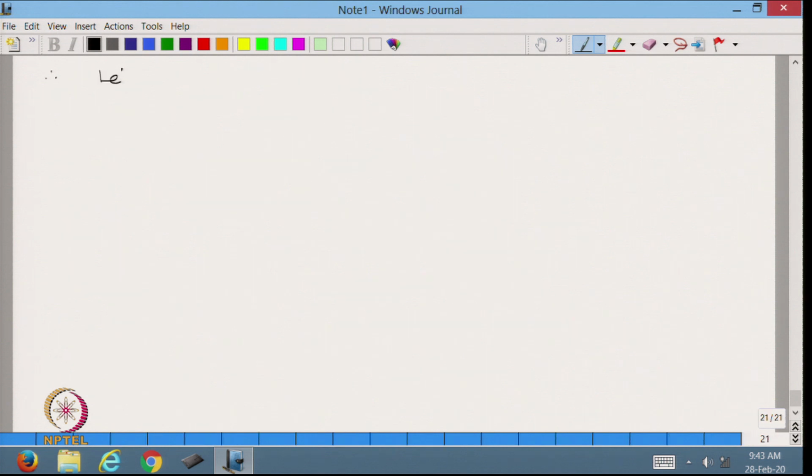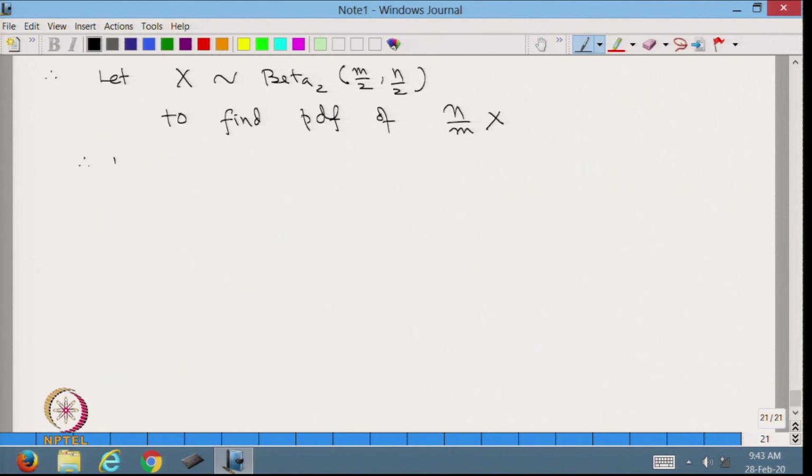Therefore, let X be distributed as Beta2 with m by 2, n by 2, to find the PDF of n by m X. Therefore, let Z equal to n by m X. Therefore, X is equal to m by n Z. Therefore, dx/dz is equal to m by n.